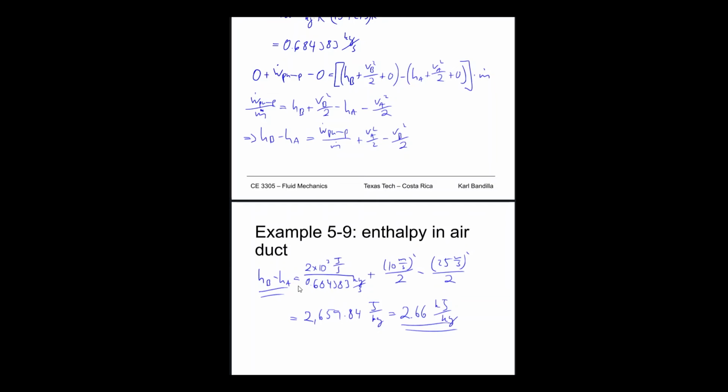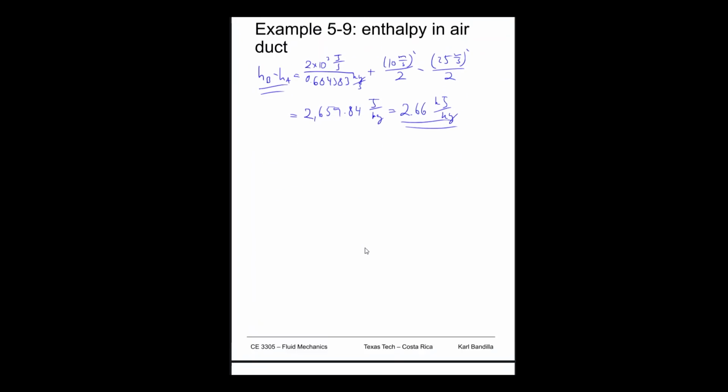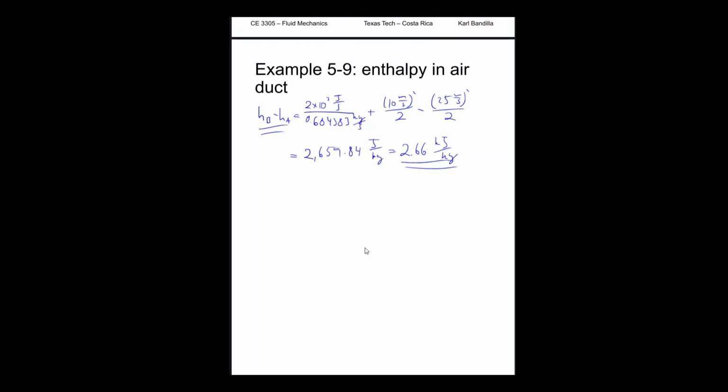Now the unit makes sense over here, right? We get it directly. But I think we should just verify real quickly that for the second part, for the velocities, we get meters squared over seconds squared. So let's see if we can take that unit, the kilojoules per kilogram, and convert that to meters squared per second squared.